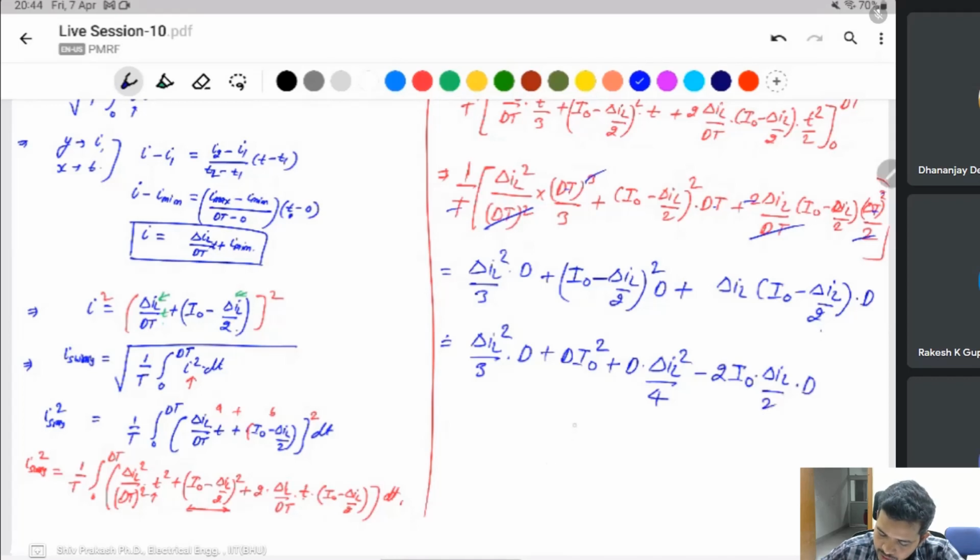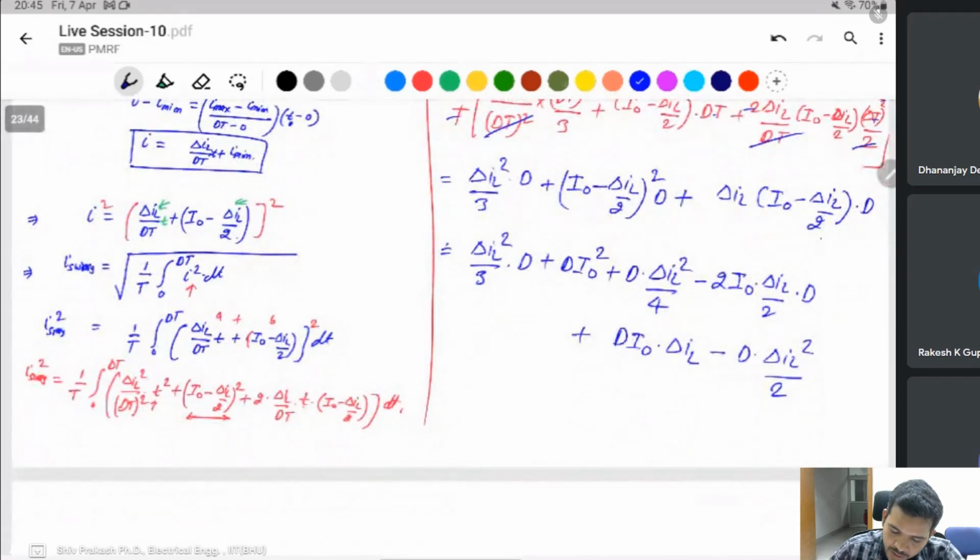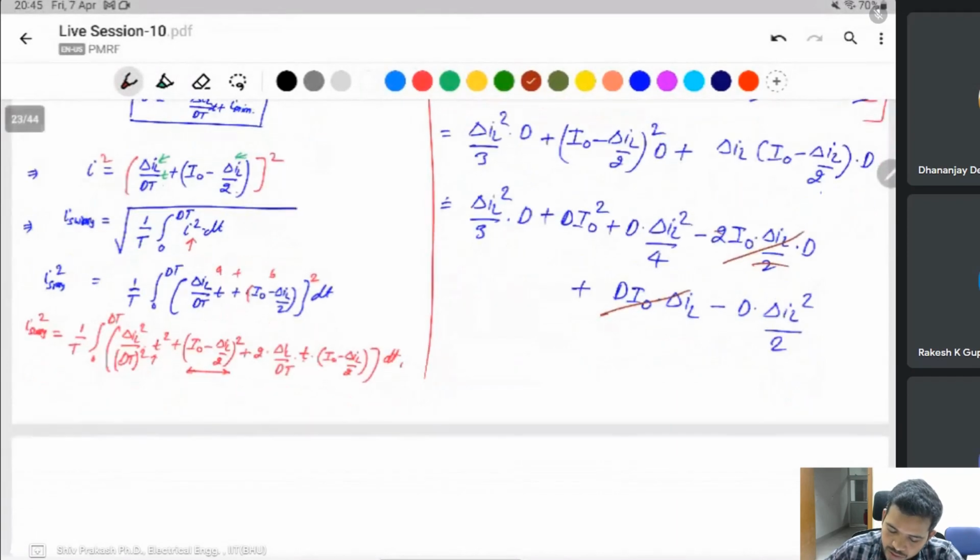This term I have written here a little, plus d I naught into delta IL minus d into delta IL square divided by 2. To cancel out, then d I naught delta IL and d I naught delta IL cancel out. This I naught term is present, and delta IL into d, delta IL into d remain.